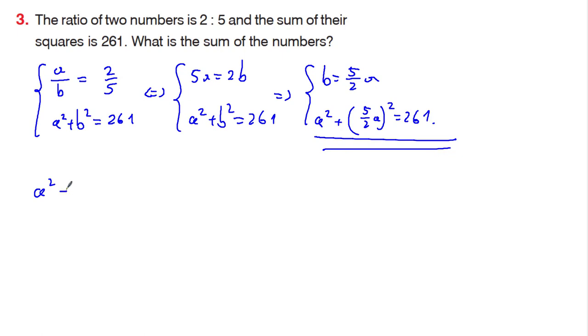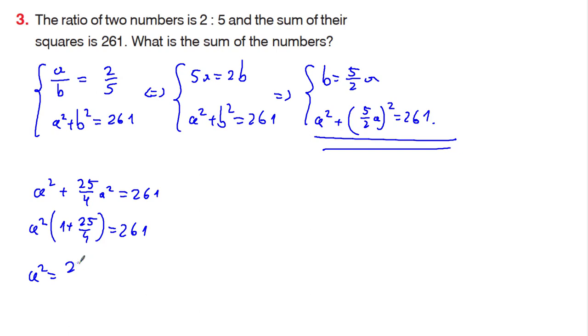It's a squared plus 25 over 4 a squared. It's 261. We can factor out a squared, and what do you get? You get a squared times 1 plus 25 over 4, which is 29 over 4, is 261.